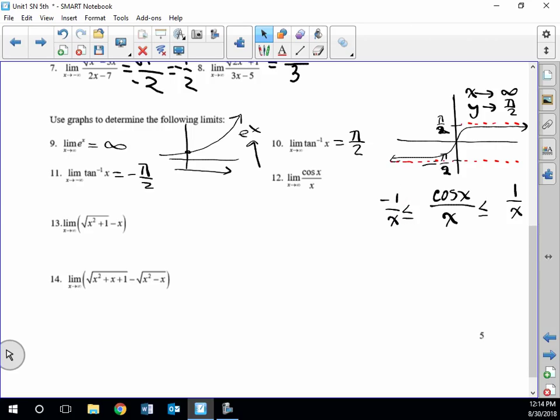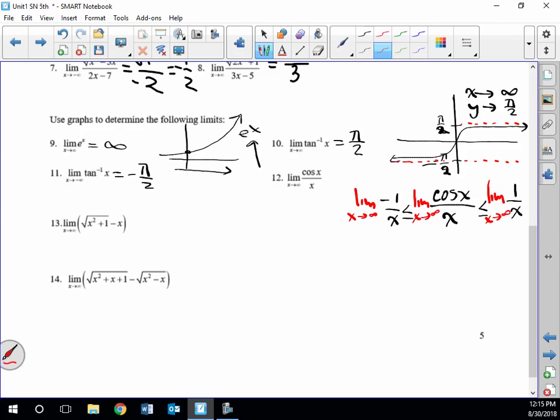This is what the squeeze theorem does. If I take a limit as x goes to infinity on each one of these, what will the limits on the ends be? They go to 0, because the largest power is in the denominator.